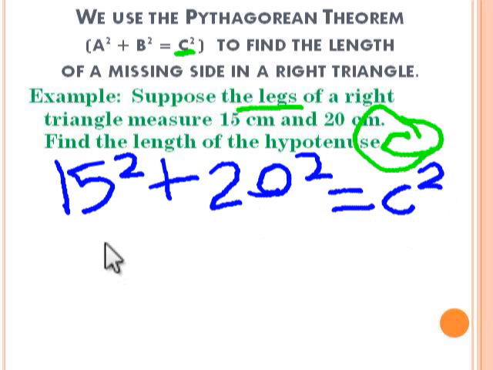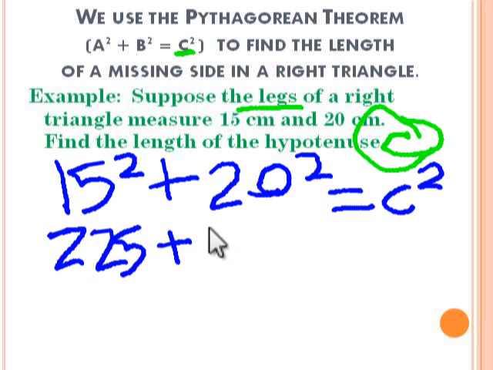Okay? So we do as much as we can of this equation, and then we'll figure out the answer. So 15 squared means 15 times 15, and 15 times 15 is 225. And we're going to add that to 20 squared, and 20 squared means 20 times 20, which is 400.